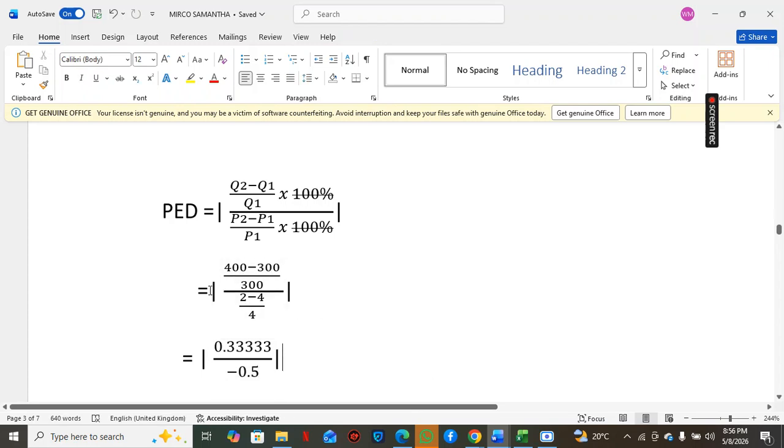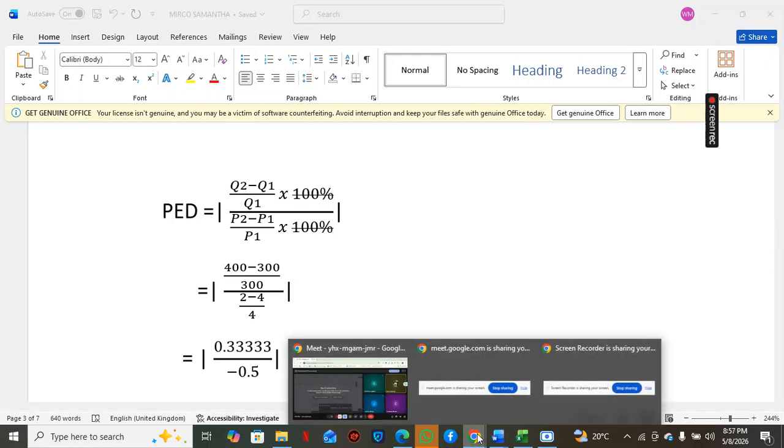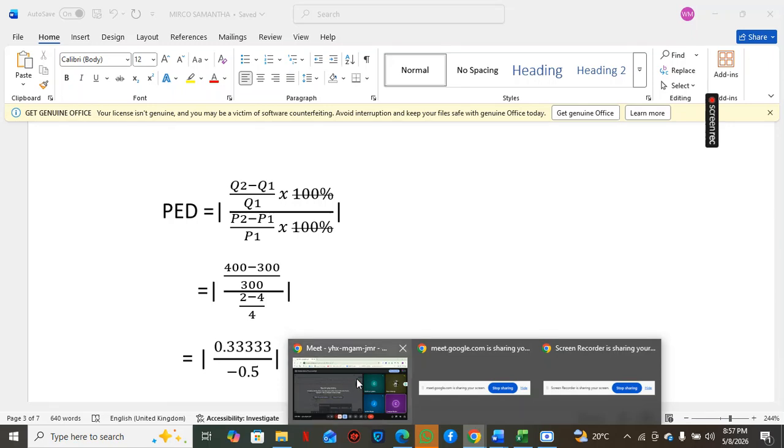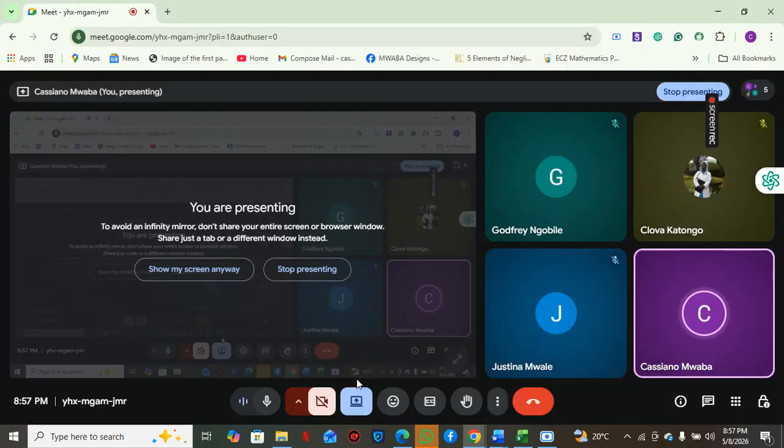Okay. Now, colleagues, have you seen these lines that I've put here? With price elasticity of demand, these lines represent an absolute value. If you remember, according to the law of demand, there's a negative relationship between price and quantity demanded. Meaning one variable will increase and the other variable will decrease.